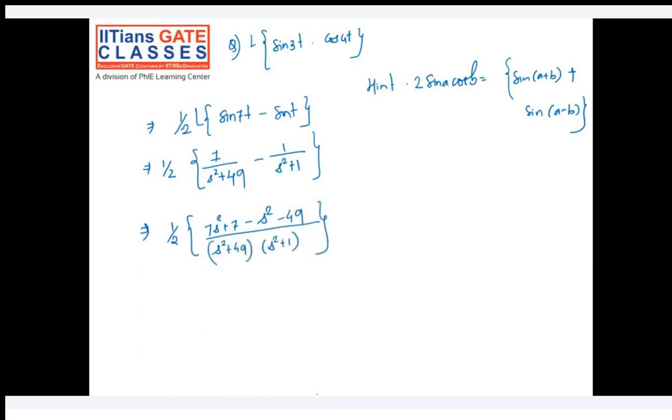Then 7s square minus s square is 6s square, divided by 2 is 3s square. 7 minus 49 is minus 42, divided by 2 is minus 21. So it is s square plus 49 times s square plus 1 in the denominator. Okay, so this is the final answer.